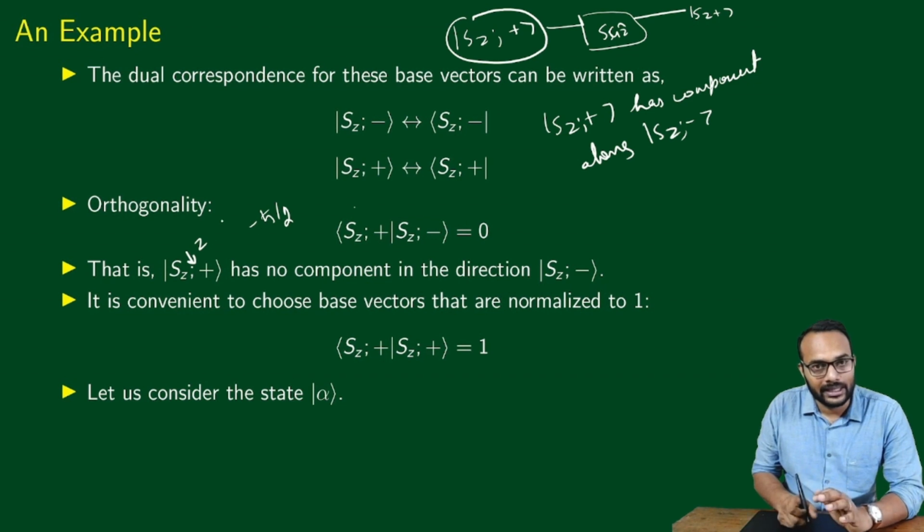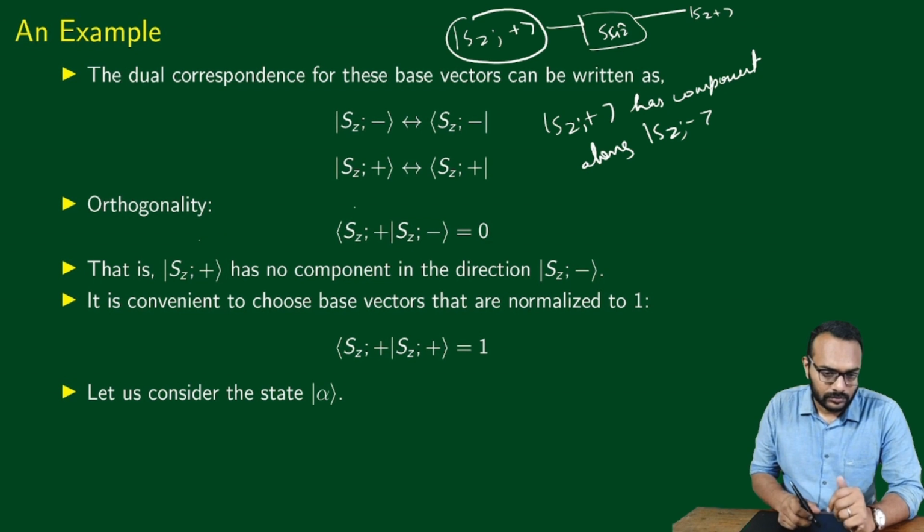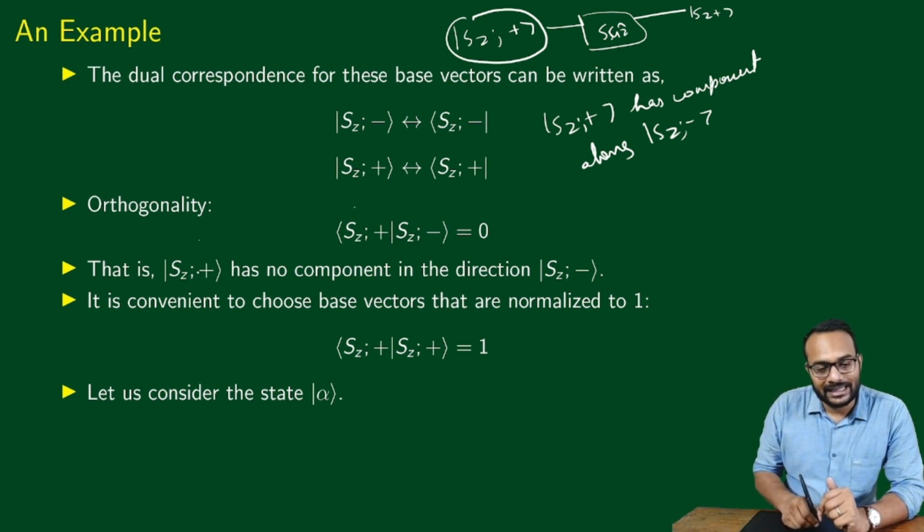But if you are measuring an x component of spin in this state, you could get plus h cross by 2 or minus h cross by 2. Let's not go into so much detail. This just means that Sz plus has no component in the direction Sz minus, so these are orthogonal states.